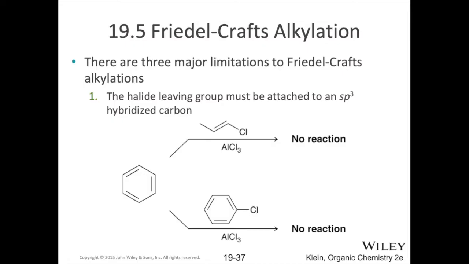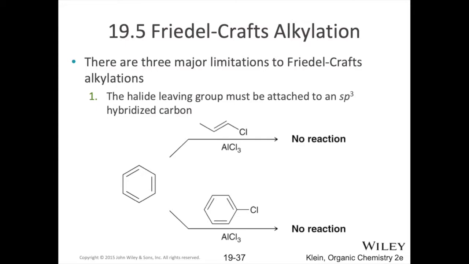We saw this back in the chapter on substitution reactions, way back in the first semester. Your leaving group is going to have trouble leaving an sp2 hybridized carbon because that's not very good at stabilizing that cation as a result.